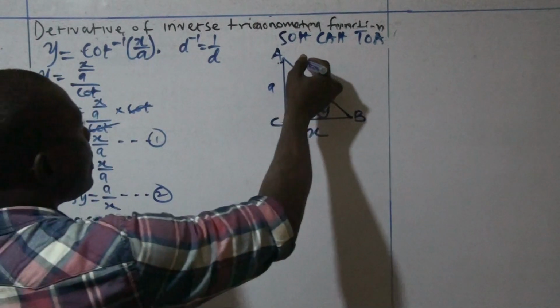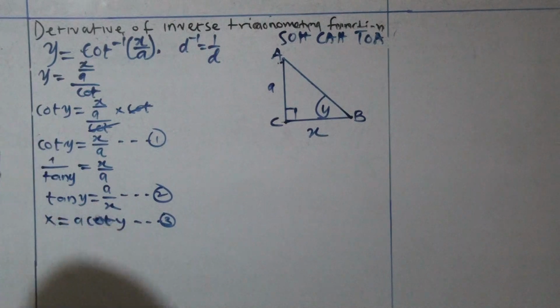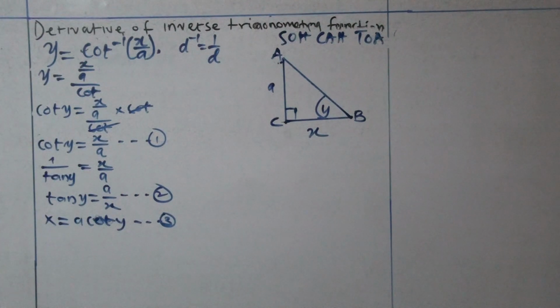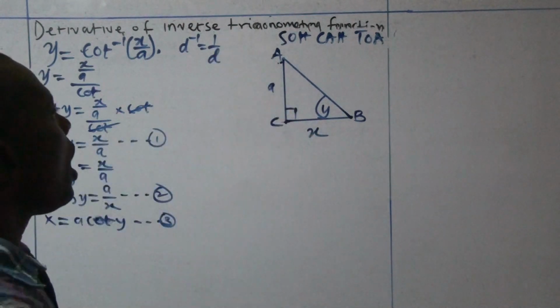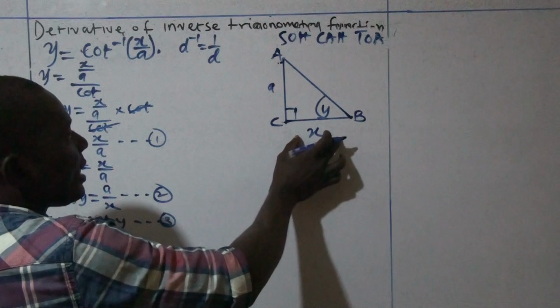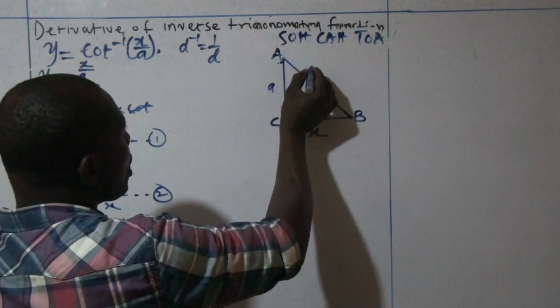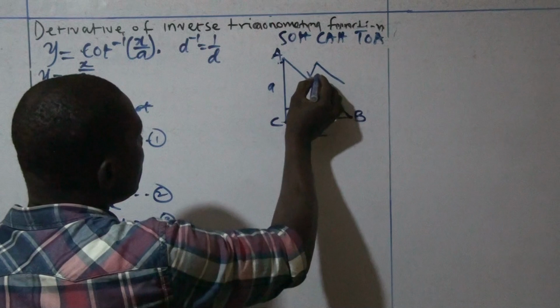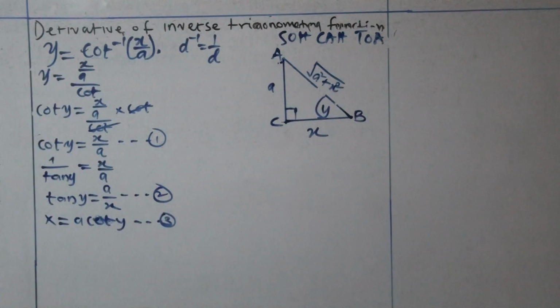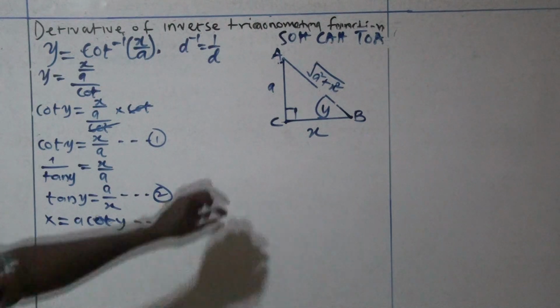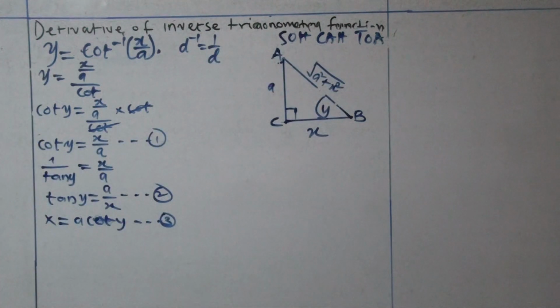We need to find the hypotenuse, which is the square root of the sum of the squares of the opposite and adjacent. So this becomes the square root of a square plus x square, from Pythagoras theorem.